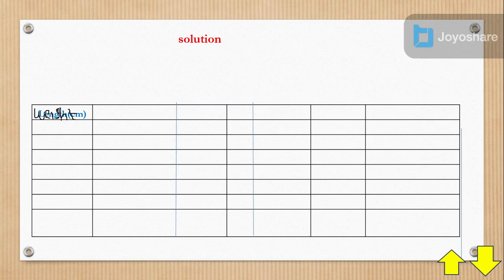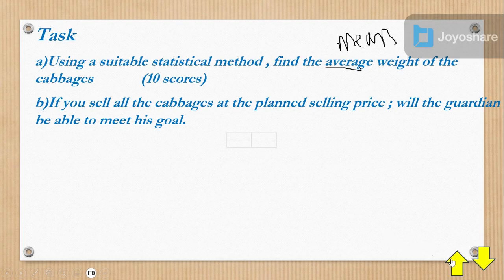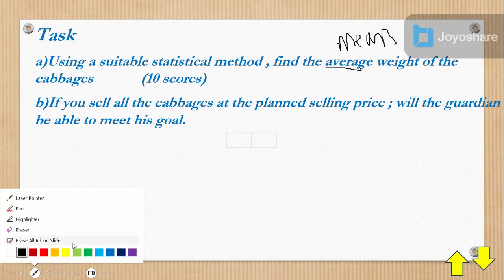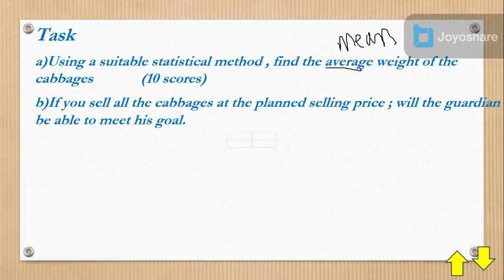How shall we put these values? We shall always need to get the starting class. How do we get a starting class? We must always think about a class interval.